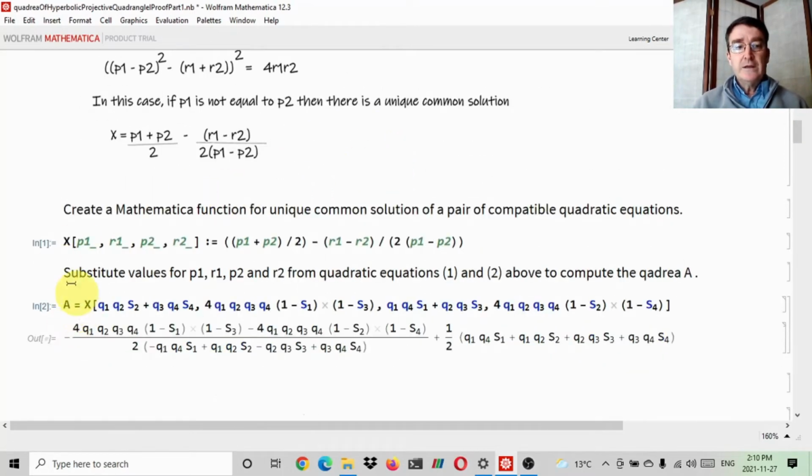So here's the function we defined, and we're going to pass in p1, then r1, the right-hand side of equation 1. This is p2, the third parameter, and the fourth parameter is the right-hand side of equation 2. That will give us the common solution, which we are calling A, for quadrea of the projective quadrangle. This is the expression that's returned when we execute the cell.